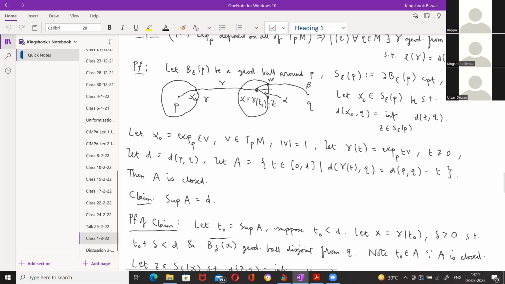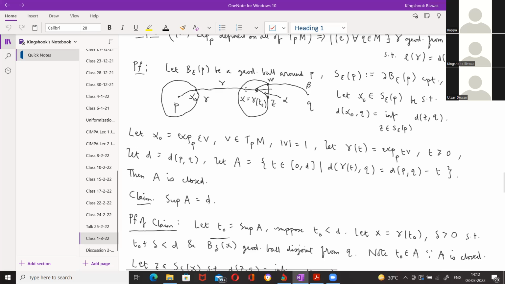So then what you do is you look at the geodesic alpha from X to Z. And then we showed that if I look at the curve gamma up to time T naught composed with alpha, then this is length minimizing from P up to Z. And therefore, by a previous result, it is a geodesic.